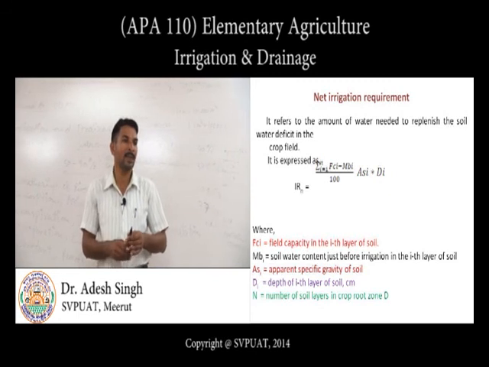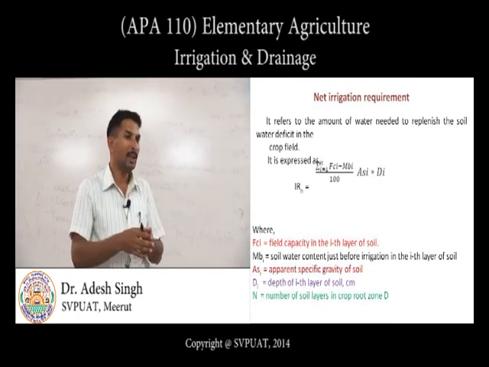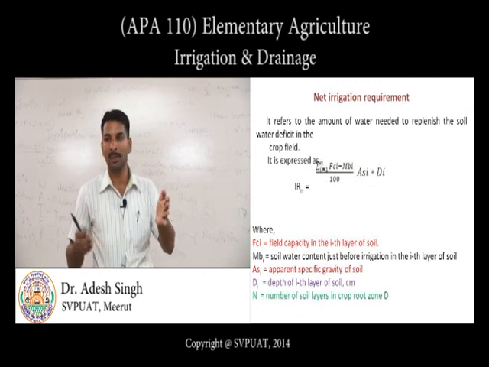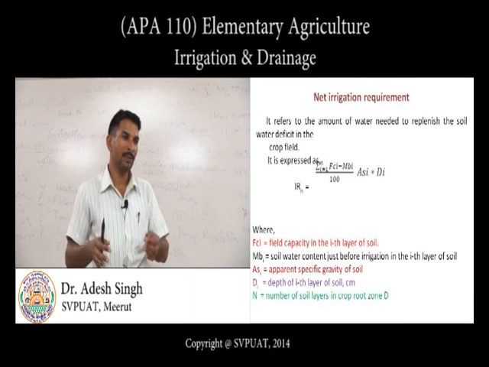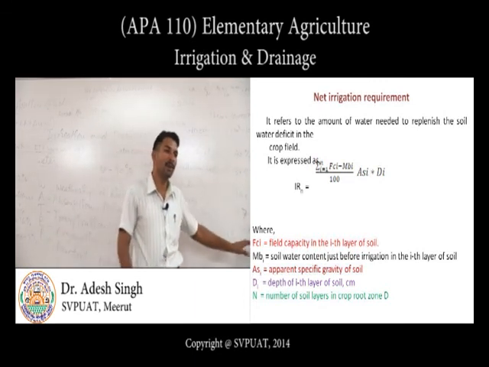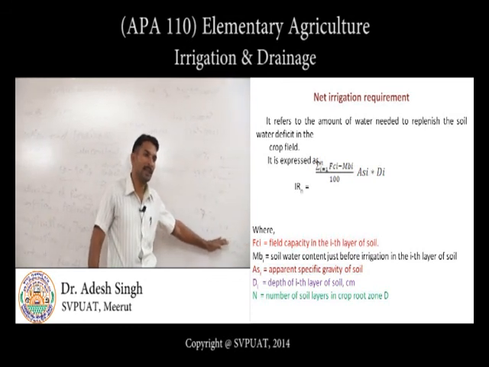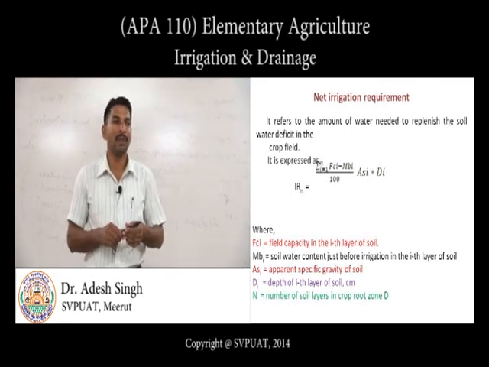For example, the application efficiency of the surface system is about 40 or 50%, in the case of the sprinkler system it is about 70%, and in the drip irrigation system it is about 80 or 90%. So if efficiency is more, meaning losses are minimized, then gross irrigation requirement and net irrigation requirement are quite equal.